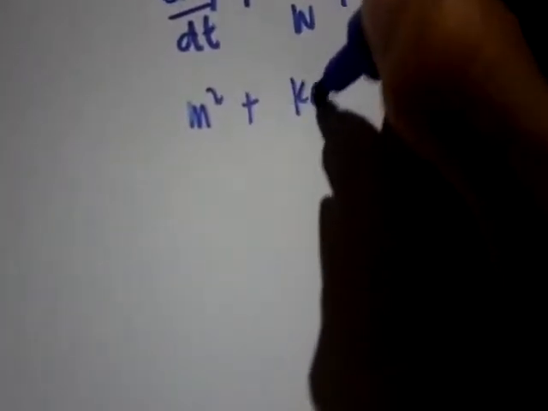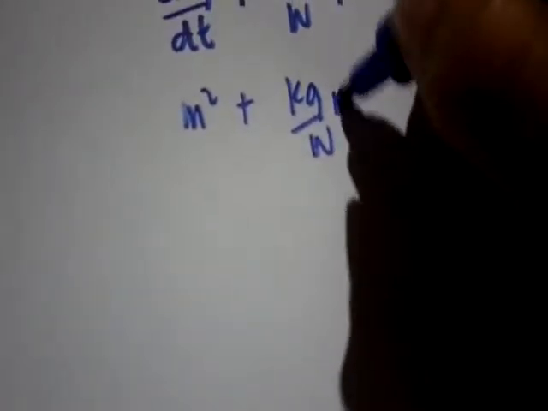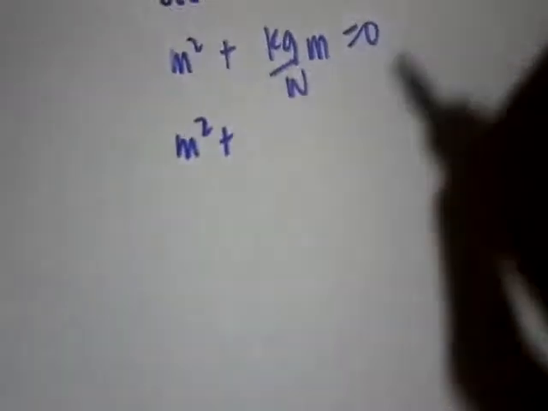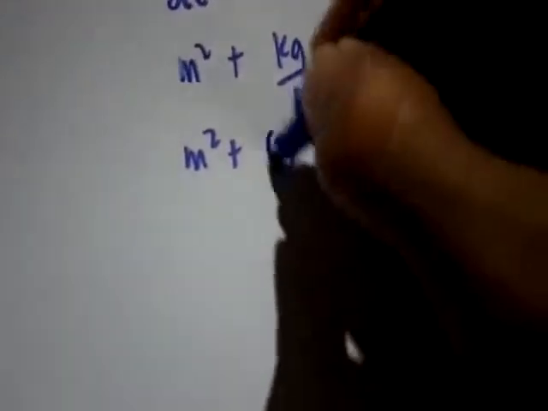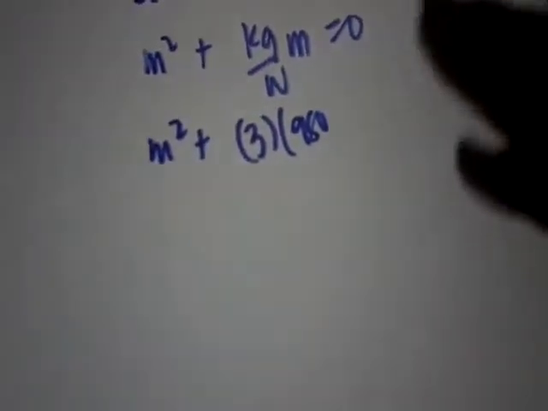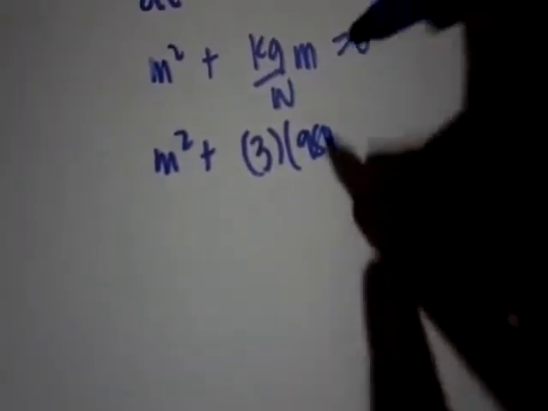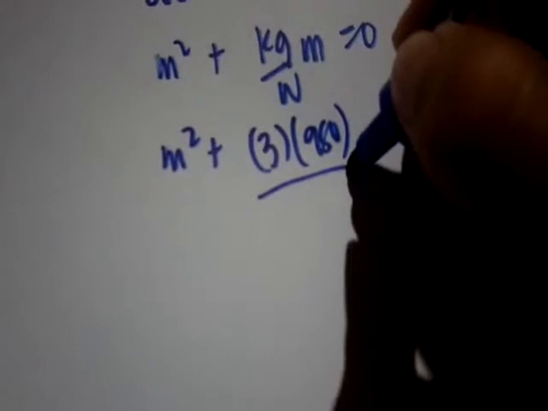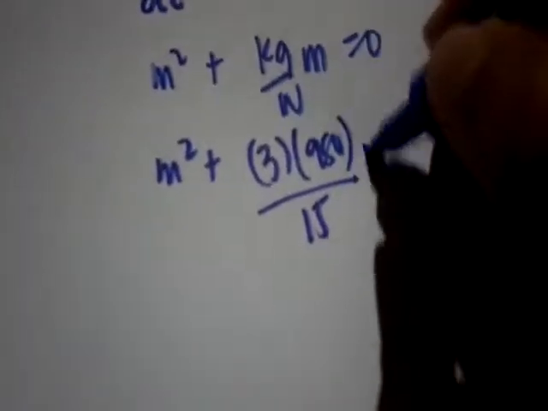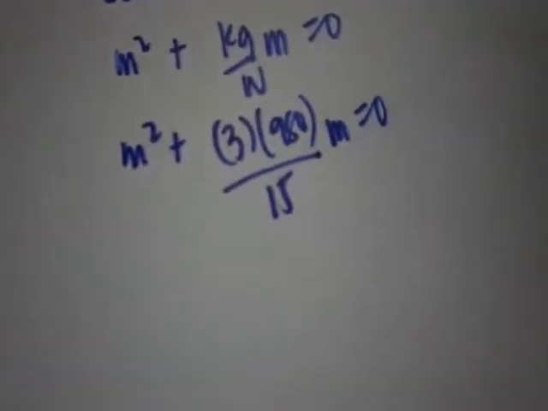So this is m squared plus kg over w equals 0, where k is equal to 3, times the gravity, given as 980 centimeters per second squared, over the weight, which is 15.